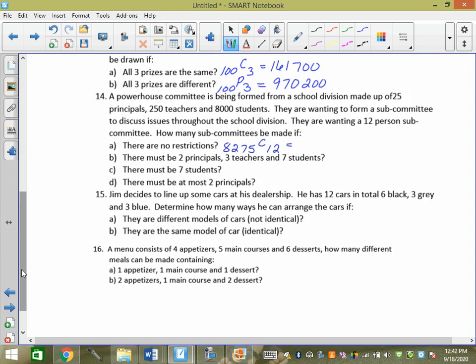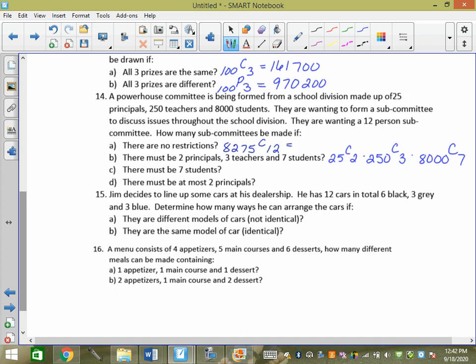That's 12 people, so I've covered my 12-person subcommittee. How do I guarantee principals? Getting principals from principals. So I'm going to go 25 C2 times teachers 250 C3 times 8,000 C7. And they're not going to make you do these because they'd be giant numbers. So they'll just let you keep it like that.